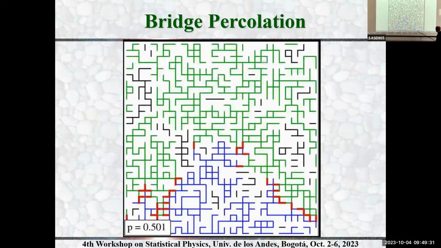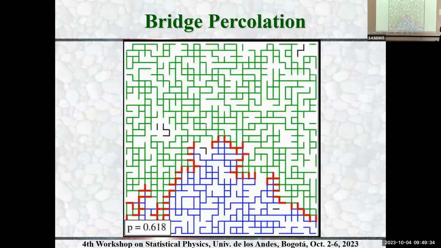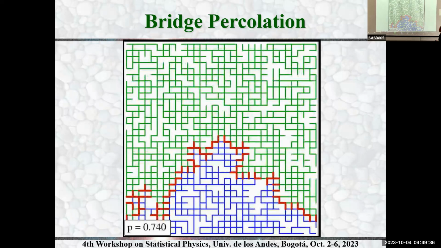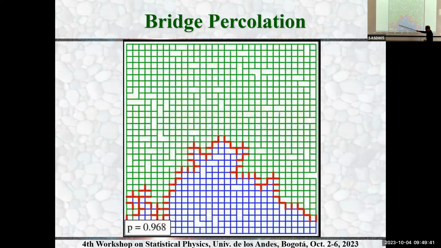So these clusters, they go, and the red. So what you see here is that at the end of this line, forbidden bonds. Okay? And now this is exactly the watershed.